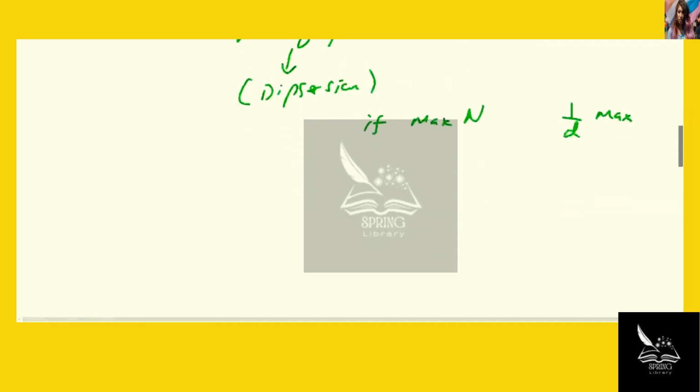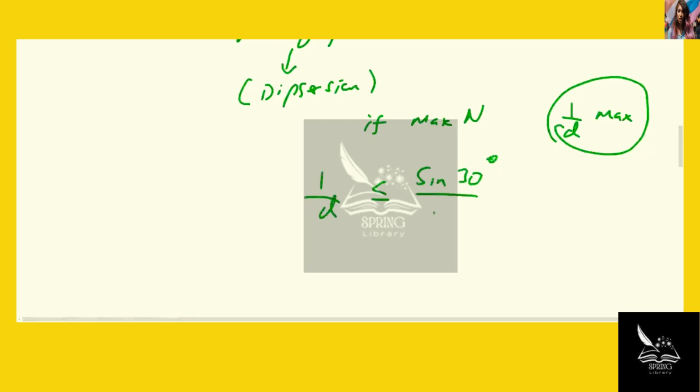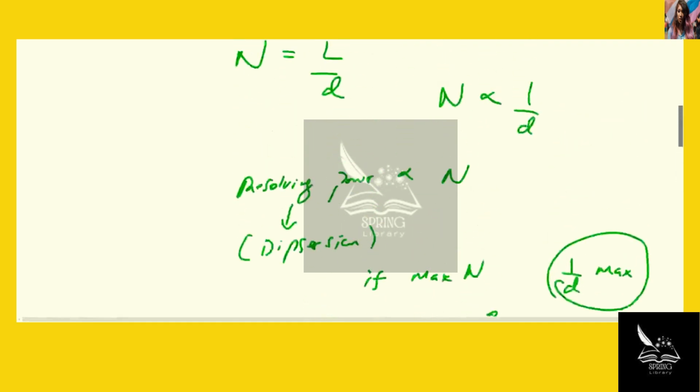And for that to happen, since 1 over d is a maximum, and we had 1 over d is less than or equal to sine 30 over m lambda 1, 2. So we had a choice. Do we take less than, or do we take the equal to? We take the equal to because we want to maximize 1 over d.